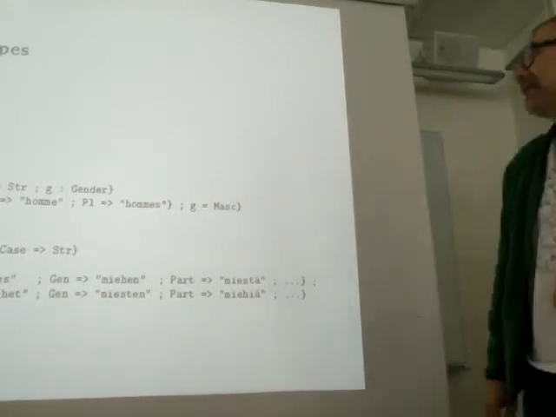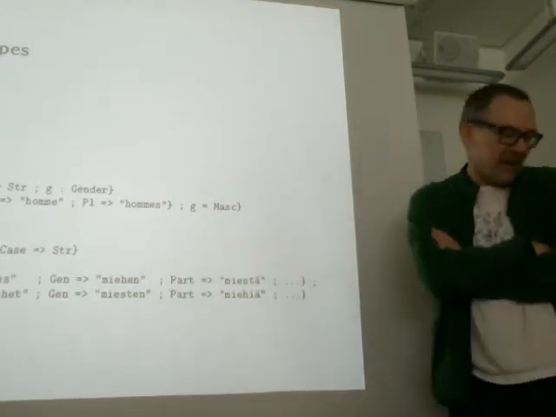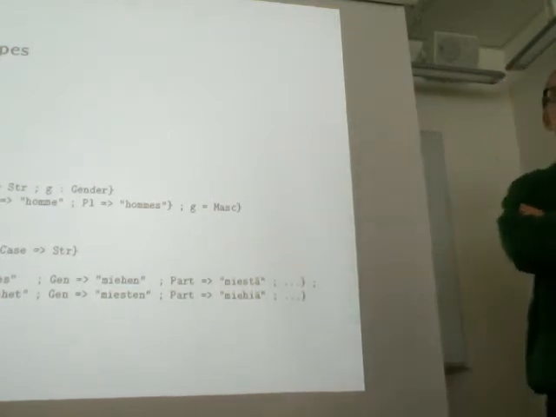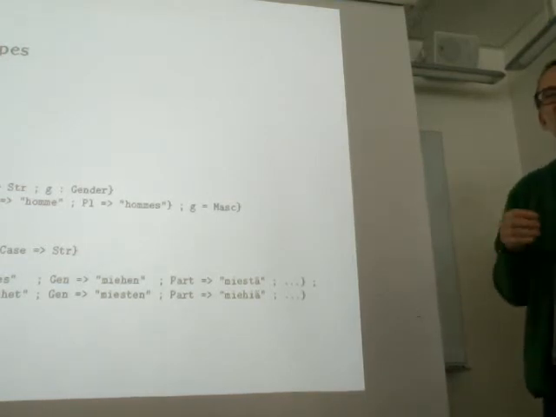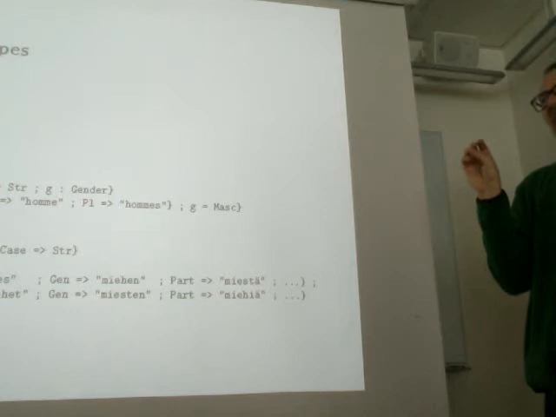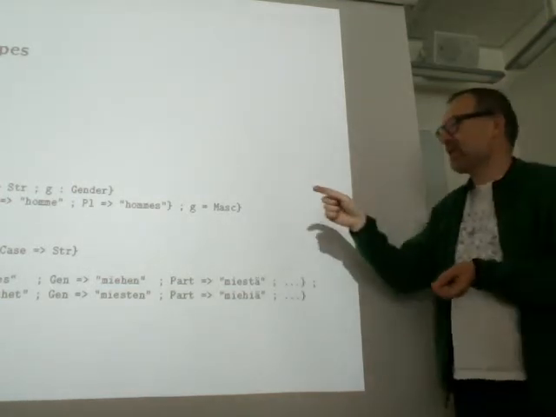So you can also see the linearization types in the same way as if you are familiar with Montague grammar. Montague semantics for an abstract syntax assigns a domain of possible denotations to each of the types in the syntax. And this is the same way we do here.